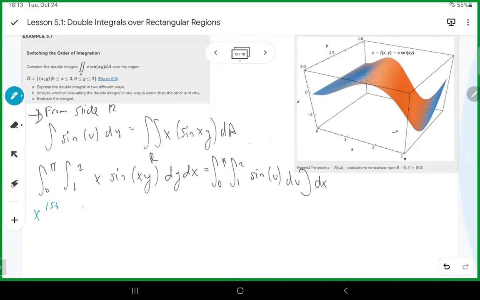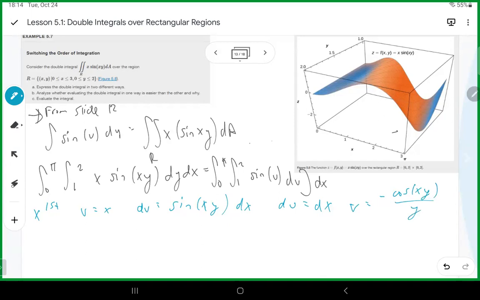You would end up using integration by parts where you would have u equals x, which would give you a dv of sine xy dx. So then du is equal to dx, but then v is equal to negative cosine xy over y.